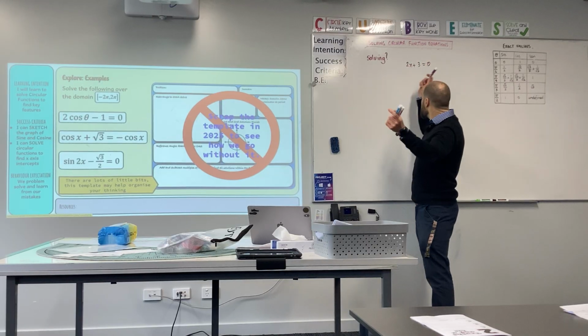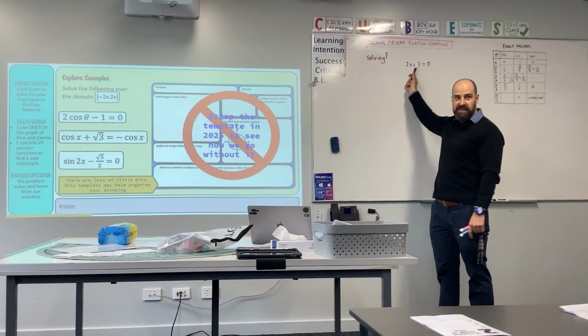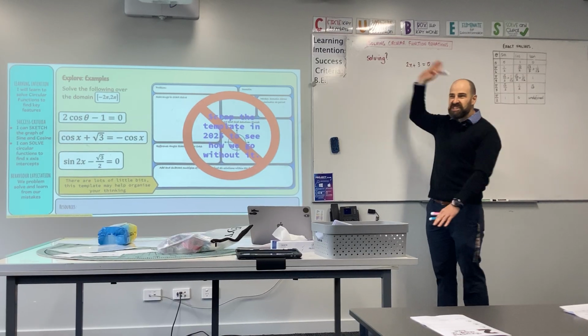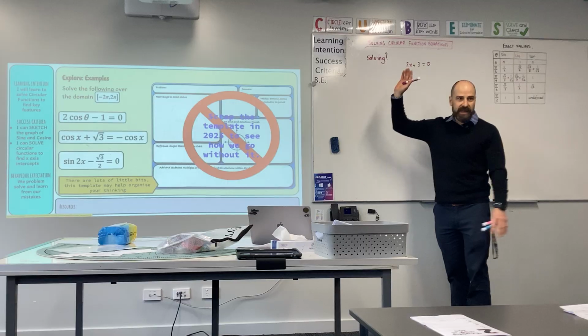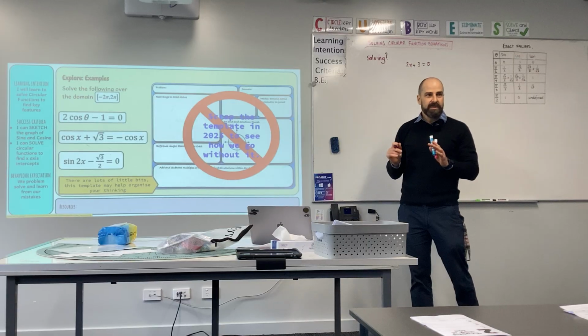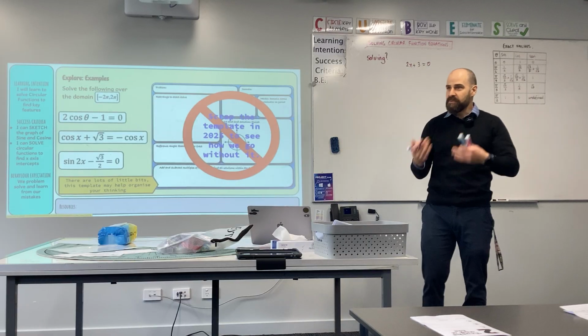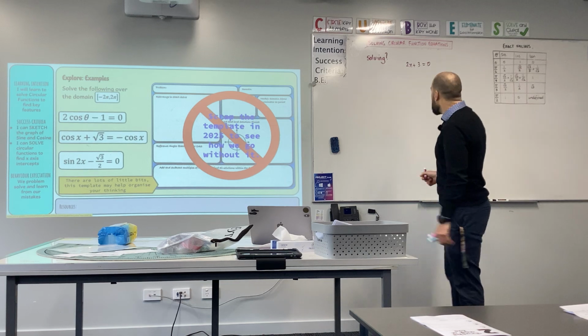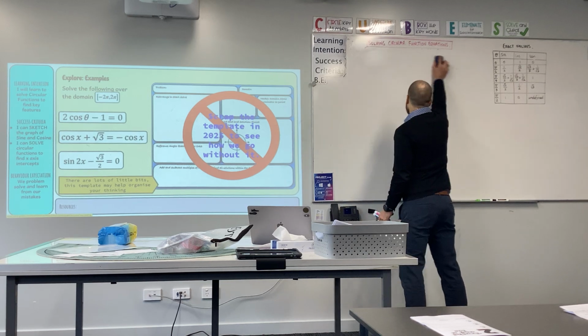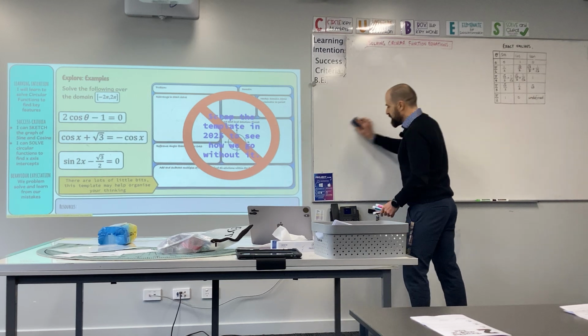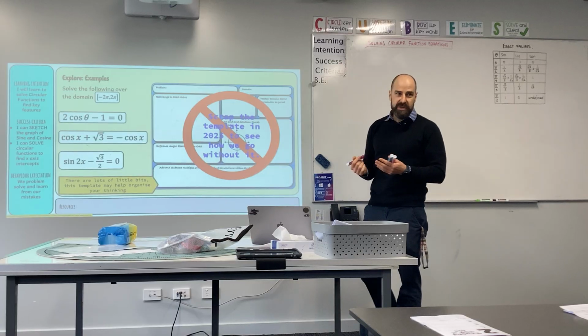Okay, so in this very particular problem, we would have taken away 3 and divided both sides by 2. Generally speaking, how do we solve that? What do we do? Zara? We do the opposite operations. We reverse the operations. All right? So when we are solving circular functions, we have to reverse the operations.